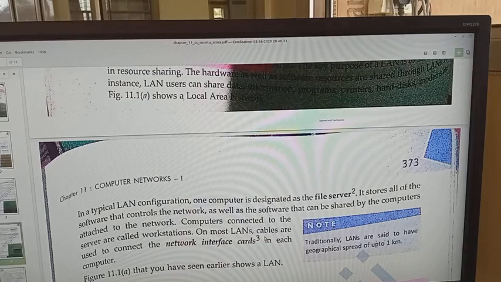Each computer contains a NIC card, that network card provides an entry point to the network. On the back side you can see one port, that is nothing but RJ45. That cable is connected to the network interface card. So that is a way to create the LAN.